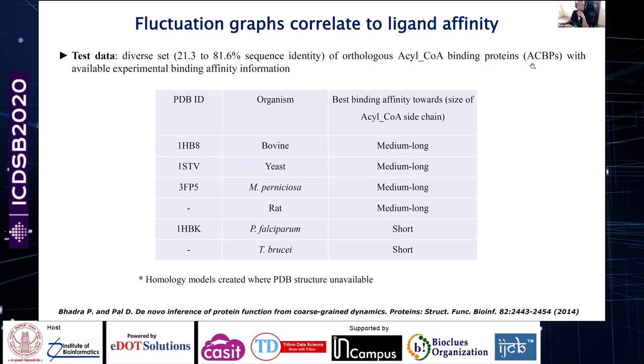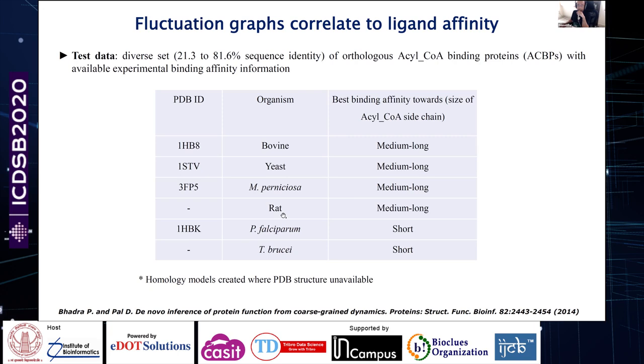And for these proteins, we also had the experimental binding affinity information. As you can see, the set of proteins that we took was from 21% to 82% sequence identity, which means there were sequences which also had a very poor match. And for those sequences for which there were no structural models, we built them through templates.